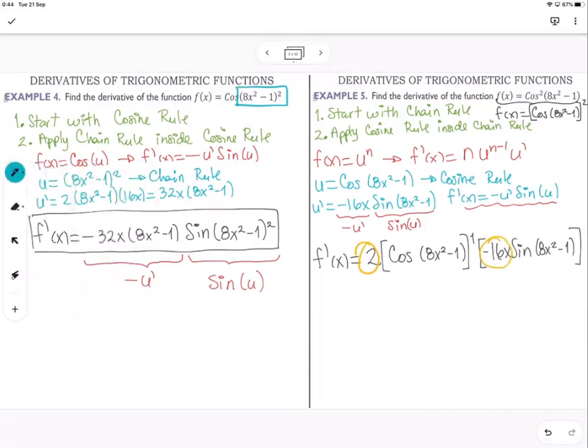Okay, so this is going to be minus 32x sine of, I'm just arranging, okay? But it could be cosine before sine, it is the same.